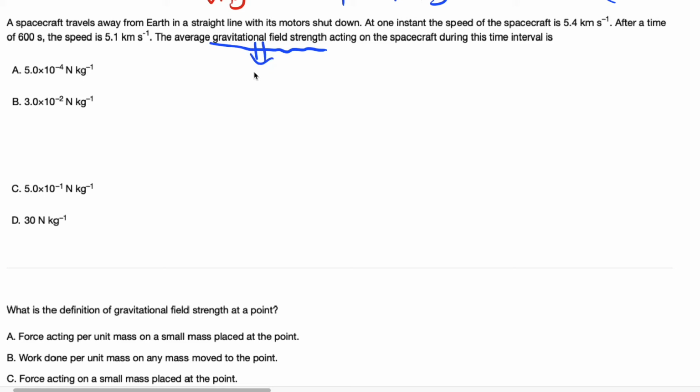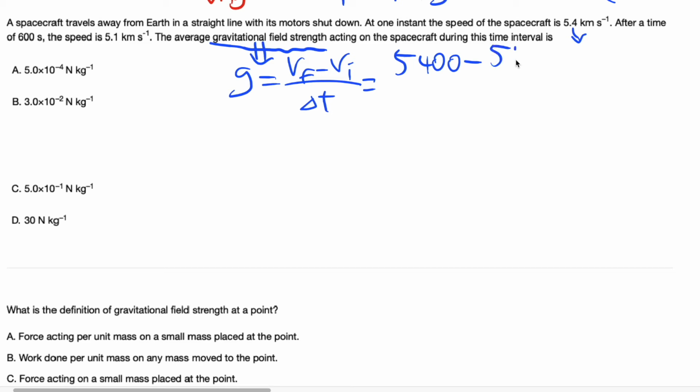Gravitational field strength can be seen as gravitational acceleration, and acceleration is equal to final velocity minus initial velocity divided by change in time. So here it's going to be equal to 5.4 kilometers per second, which we can convert to meters per second by multiplying by 1,000, minus the final velocity, which is 5.1 kilometers per second.